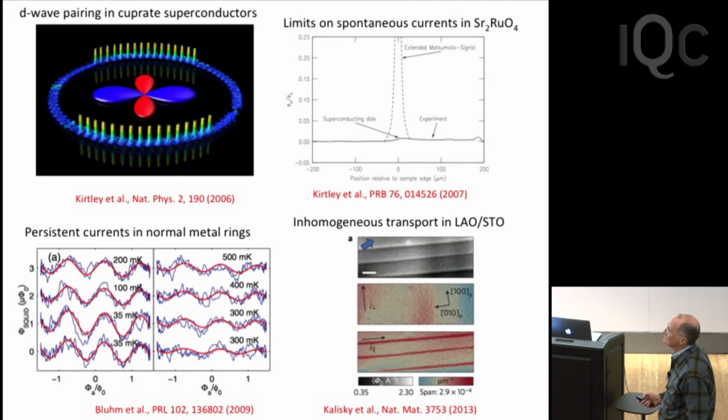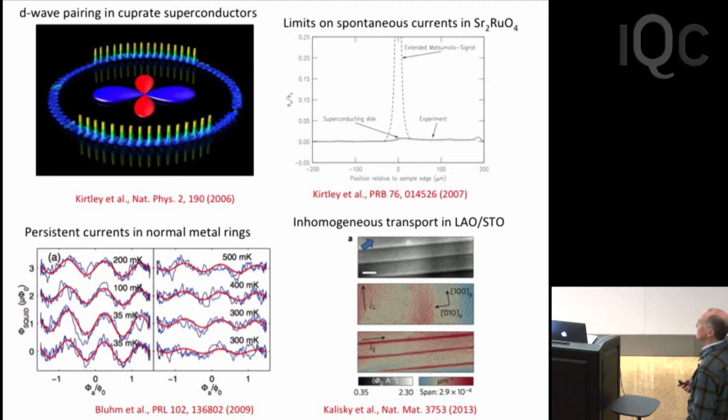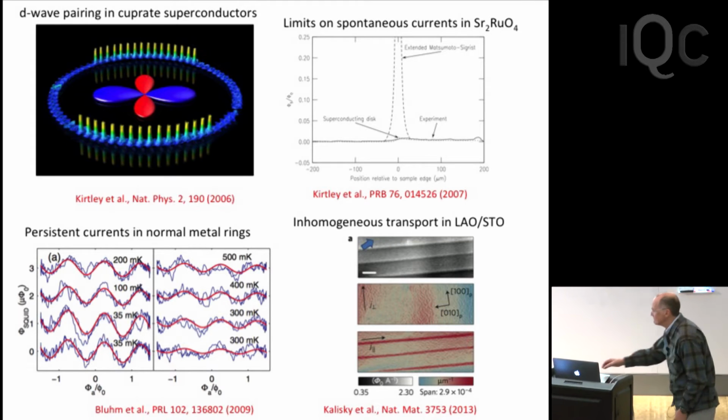It's been used to measure the persistent currents in normal metal rings at low temperatures, and to show that the transport in the two-dimensional electron layer at the interface between strontium titanate and lanthanum aluminate can be quite inhomogeneous. We believe that the transport is dominated by transport along the domain boundaries in this material.